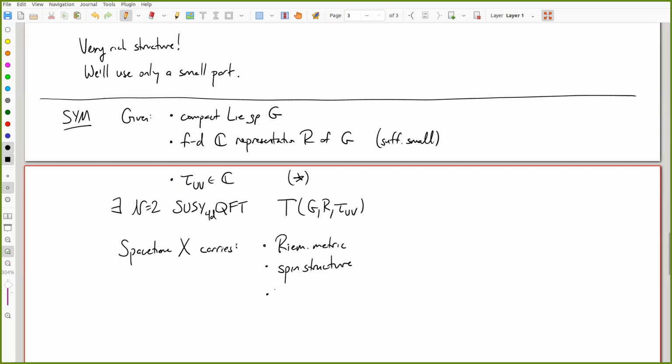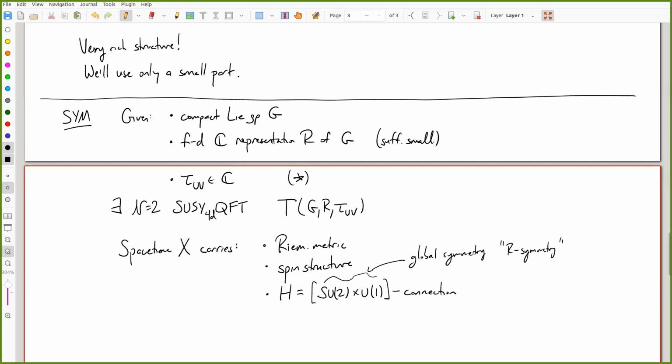And then something we don't always talk about: you can equip it with a connection for the group SU2 times U1. This is what's called the global symmetry. Just about every N=2 theory that we usually talk about has this global symmetry group, sometimes called the R symmetry.